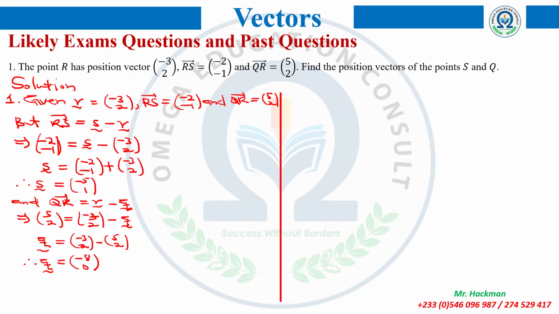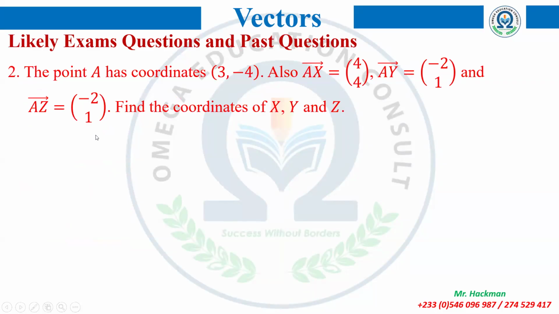So on that note, you are in the best of positions to do this. It's very similar. Point A has coordinates, only that here you are given A (3, -2). However, you'll be working with vectors.